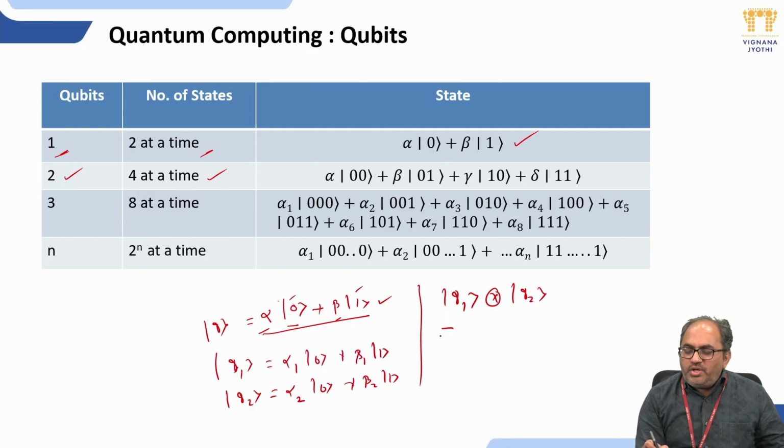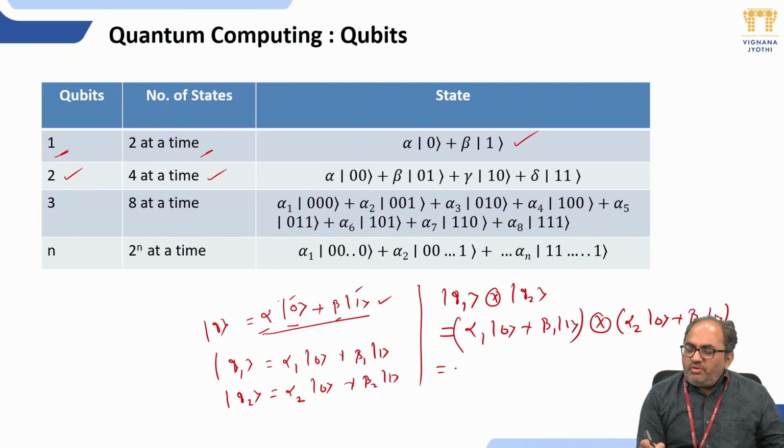Now let us see how we do the tensor product here. Q1 is nothing but alpha 1 ket 0 plus beta 1 ket 1, tensor product alpha 2 ket 0 plus beta 2 ket 1. We do simple multiplication only.